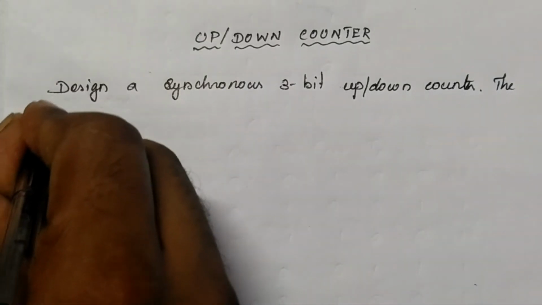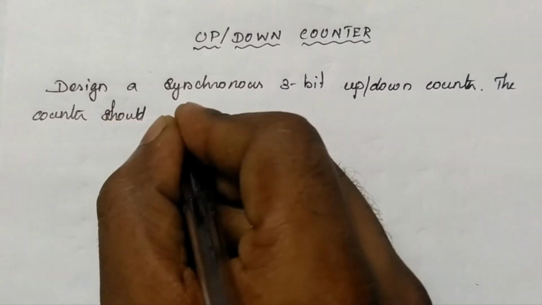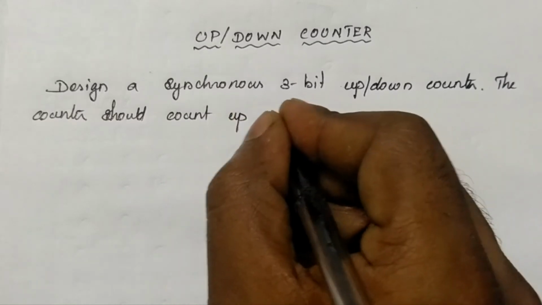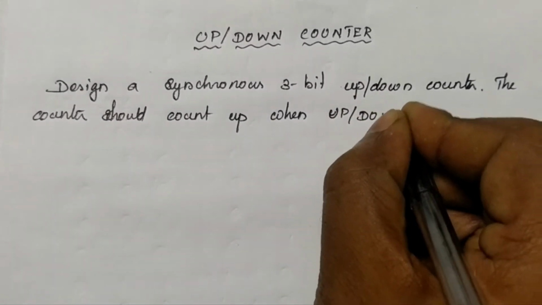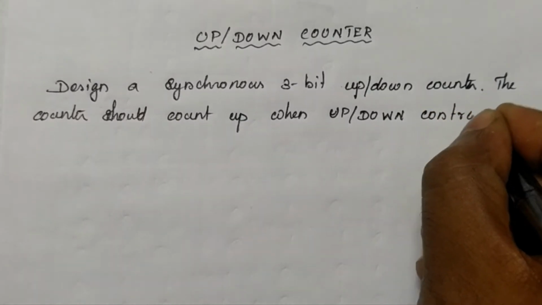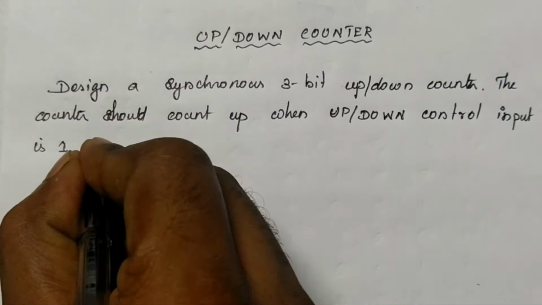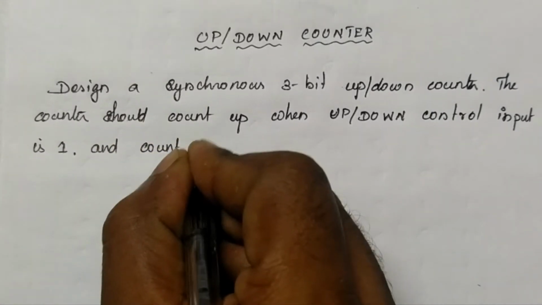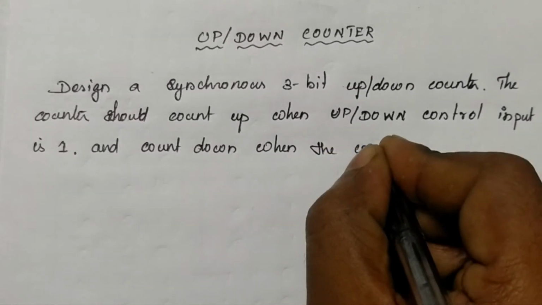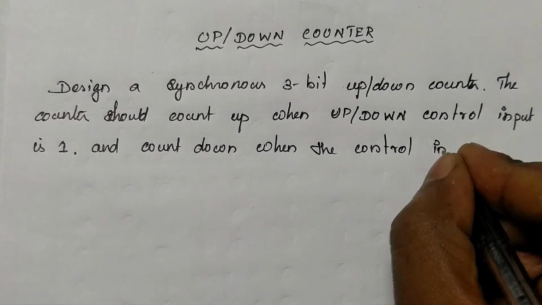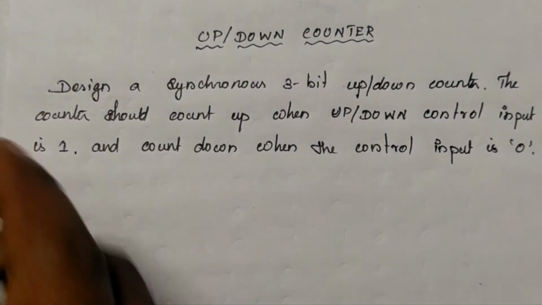The counter should count up when the up/down control input is 1 and count down when the control input is 0. So first we need to go for the state diagram.